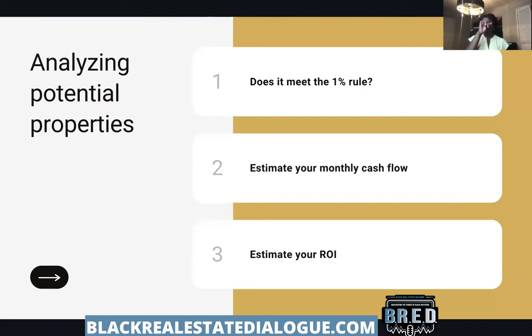All right, so the first thing we want to talk about when it comes to analyzing properties is the 1% rule.